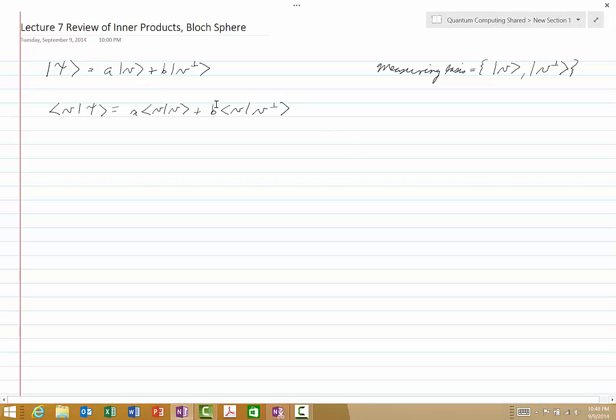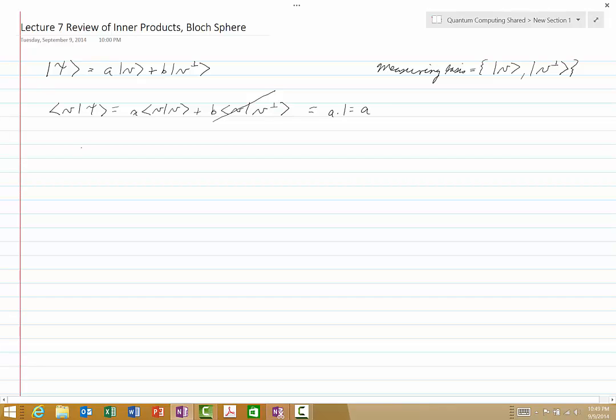We say that since V and V orthogonal form an orthonormal basis, then V and V orthogonal are indeed orthogonal to each other, and therefore this inner product is 0, so the second term goes away. And furthermore, since these vectors are orthonormal, then the inner product of V with itself is 1, and so the right-hand side is simply equal to A times 1, which is A.